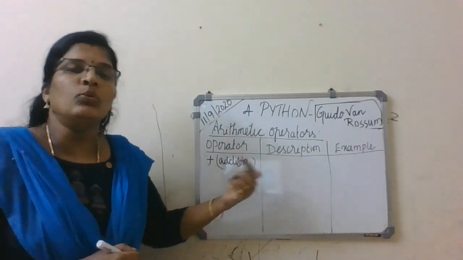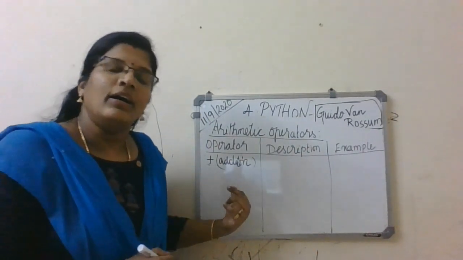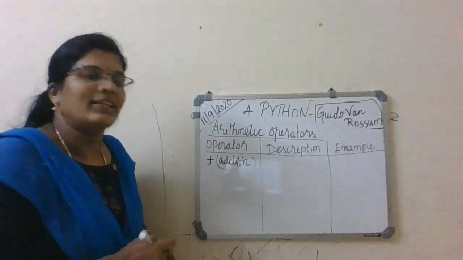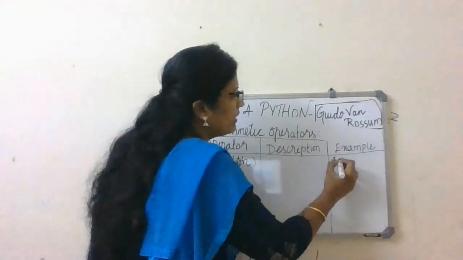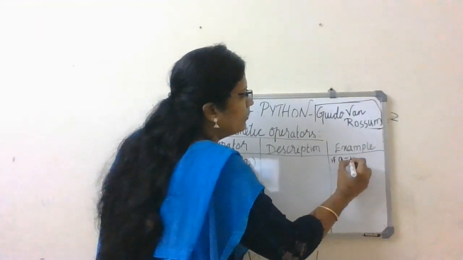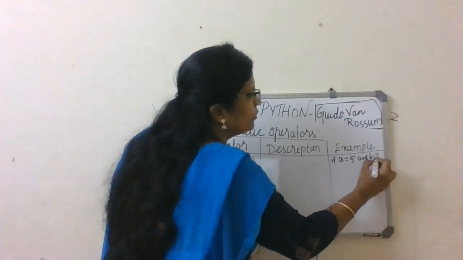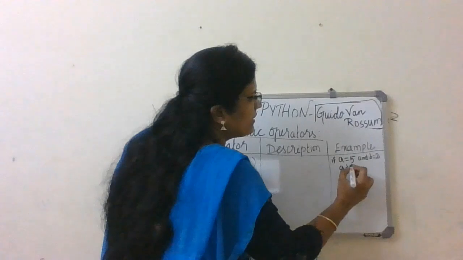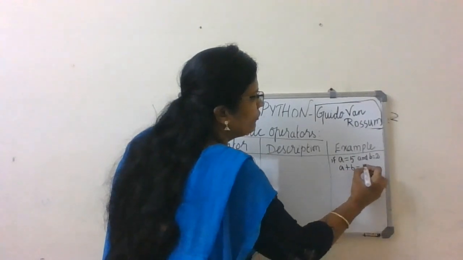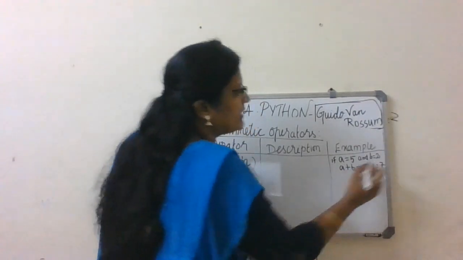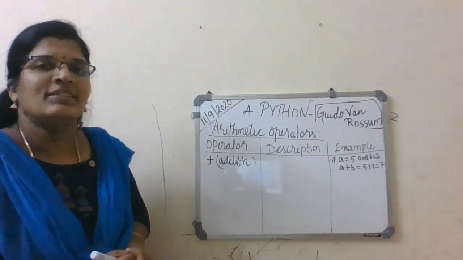To add any two numbers, we use the addition operator. Example: if A is equal to 5 and B is equal to 2, then A plus B is equal to 5 plus 2 is equal to 7. We will get the answer 7.